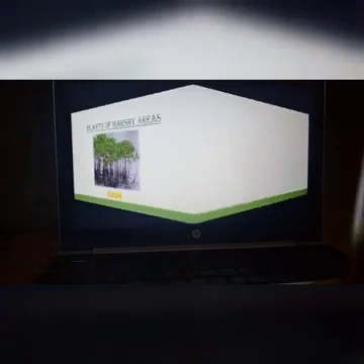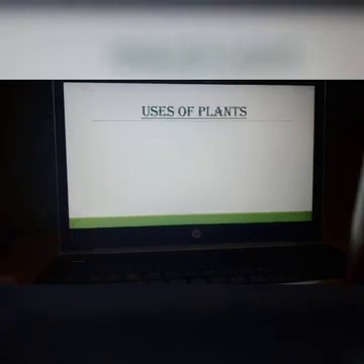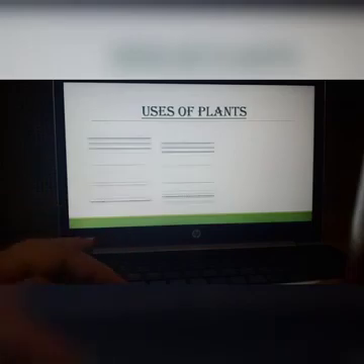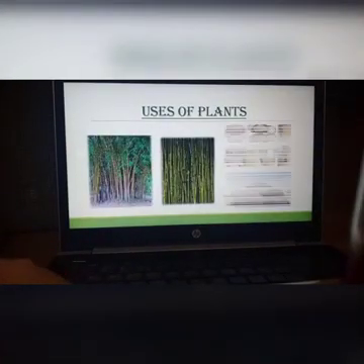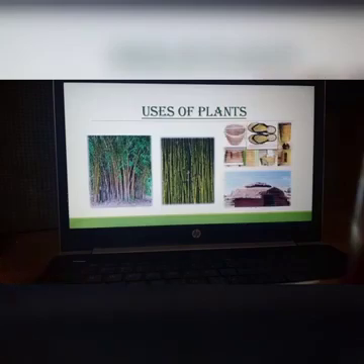Now next one is uses of plants. So students, there are lots of uses of plants for us. The first main use is that we get our food material from the plants.